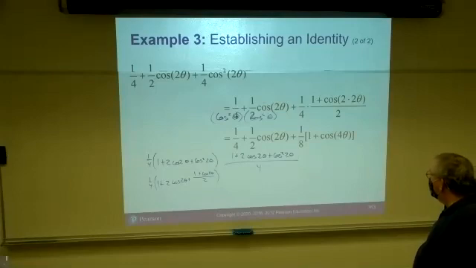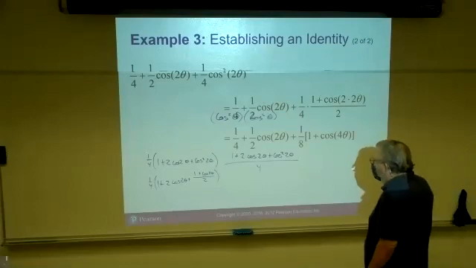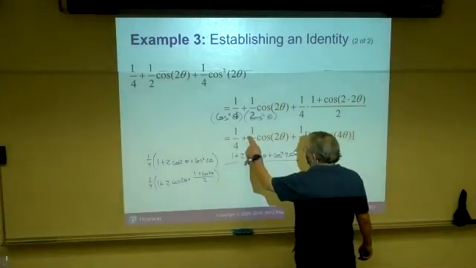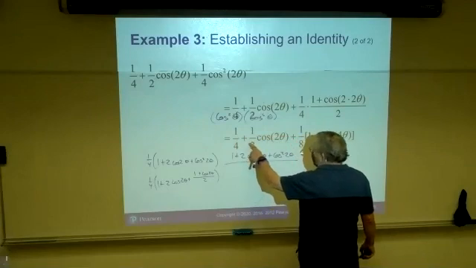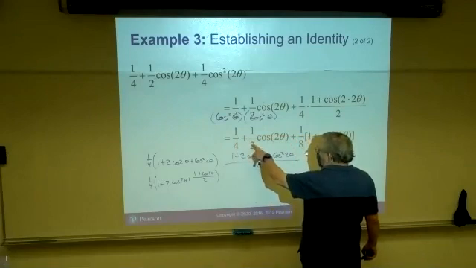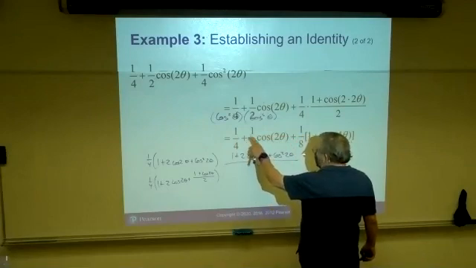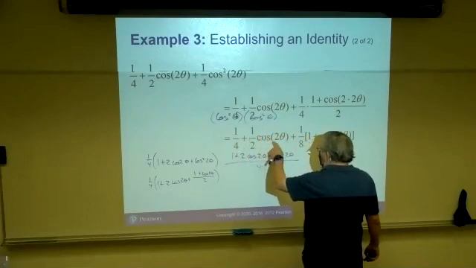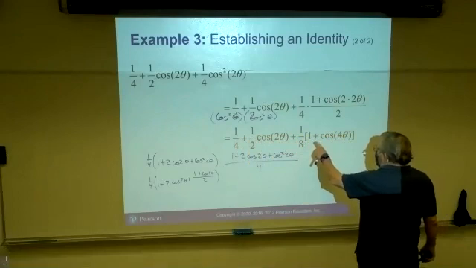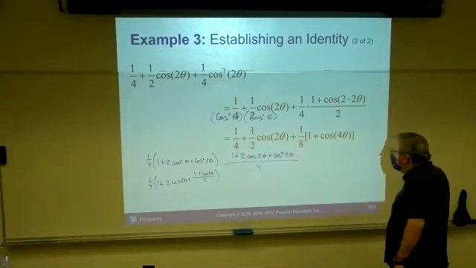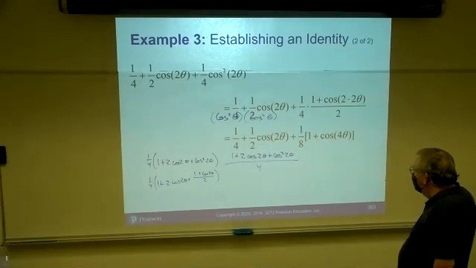Are they going to factor out 1/8? If they factor out 1/8, then this would be 1/8 times 2 plus 4 cosine 2 theta plus 1 plus cosine 4 theta.